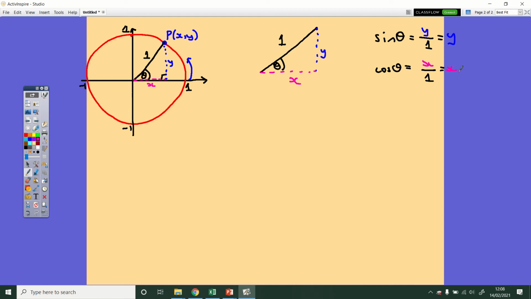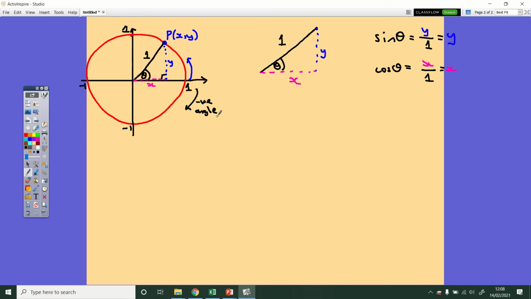Okay, so by rotating around this circle, it seems that no matter where we go, we can define the x-coordinate as cos of theta and the y-coordinate as sine of theta. And then that gives us a way of finding these things for any angle that we like. So if we go this way, that's going to give me negative angles.